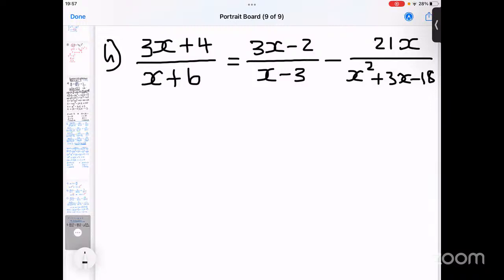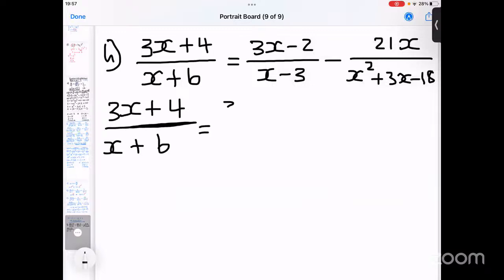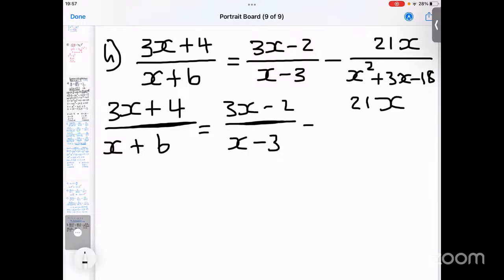Okay, let's see. Let's say we have that, and then we have that, and then we have that. That remains as it is. So it looks like we will just have to try and factorize that.